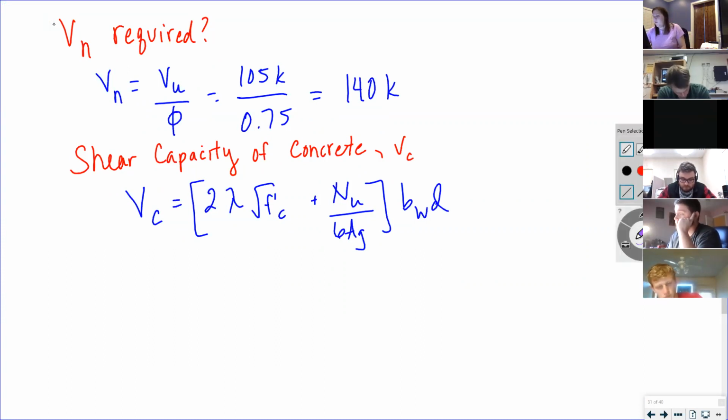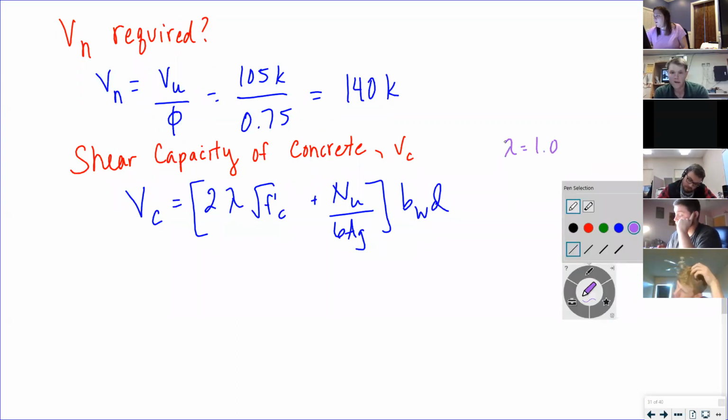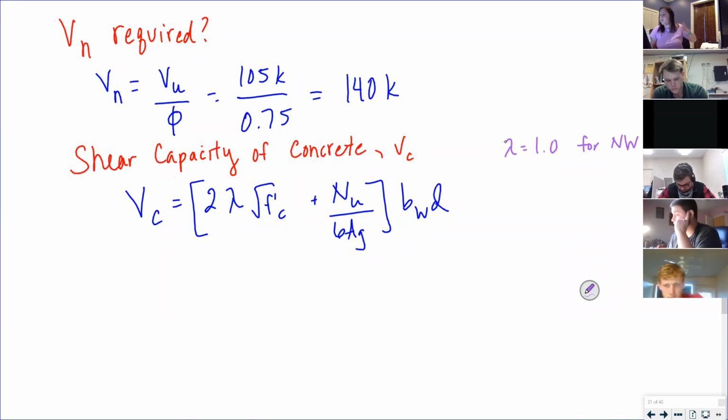Lambda for normal weight concrete equals 1. So we're going to assume we have normal weight concrete, if it didn't say otherwise. That is 1.